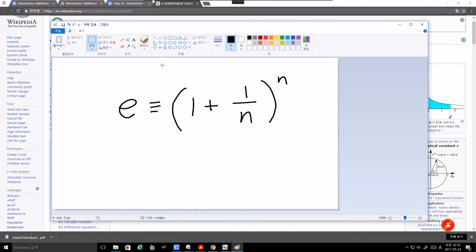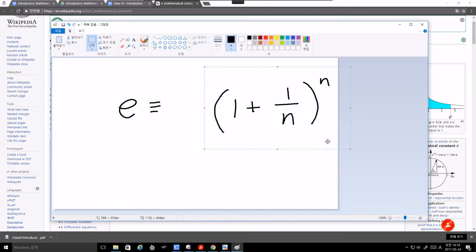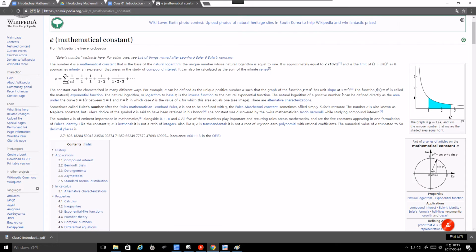Therefore, I will move this one slightly. And then I can put, let me use the red one, lim here n becomes infinity. Okay, this is the definition of E, and the value of this E is about this one. Very long sequence.